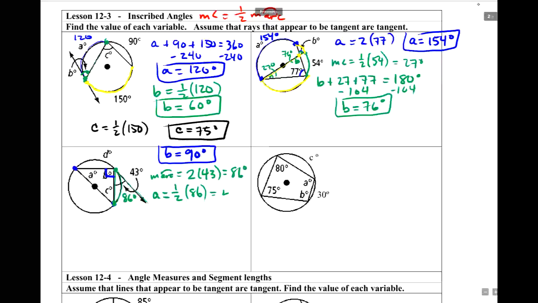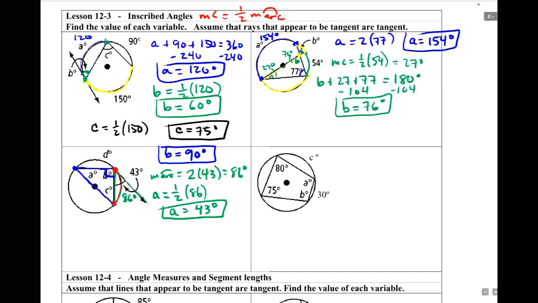And if you notice, A equals 43 degrees. This was corollary 1. We have 2 arcs, this one right here and this one right here, that 2 inscribed angles that intercept the same arc, this arc right here.